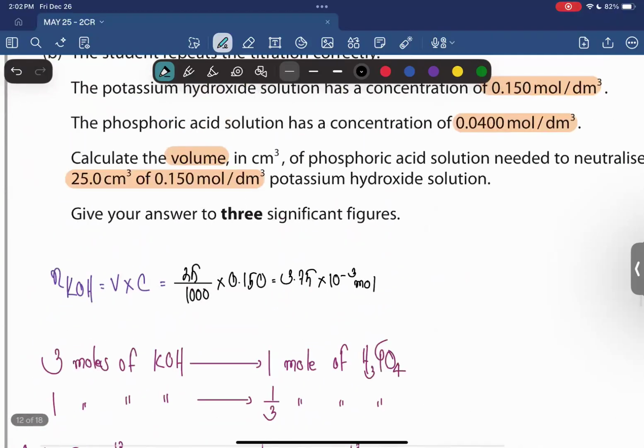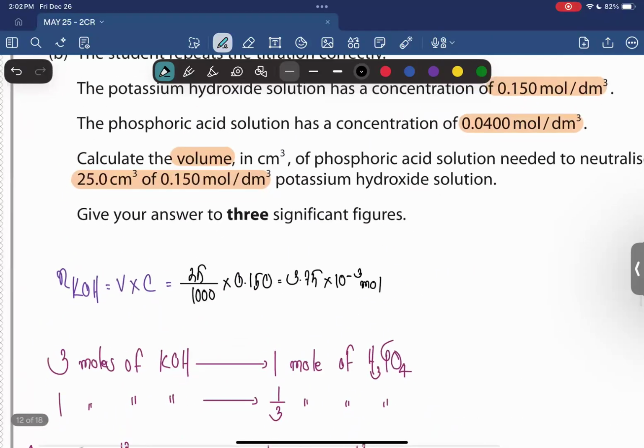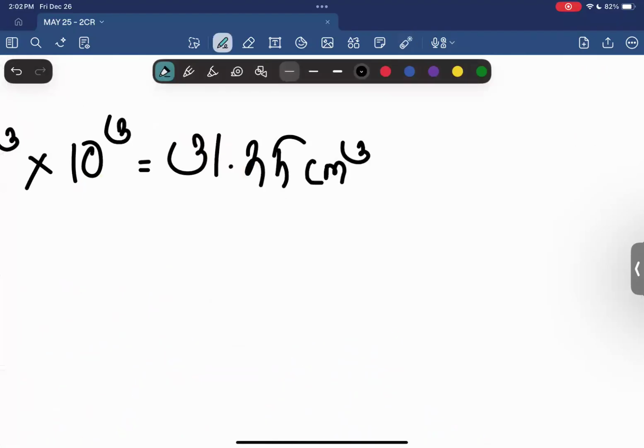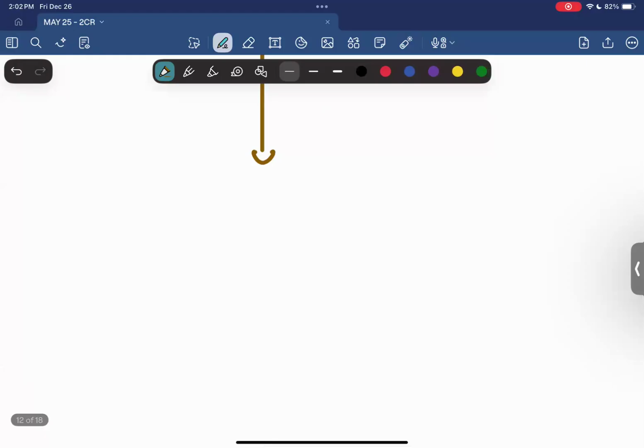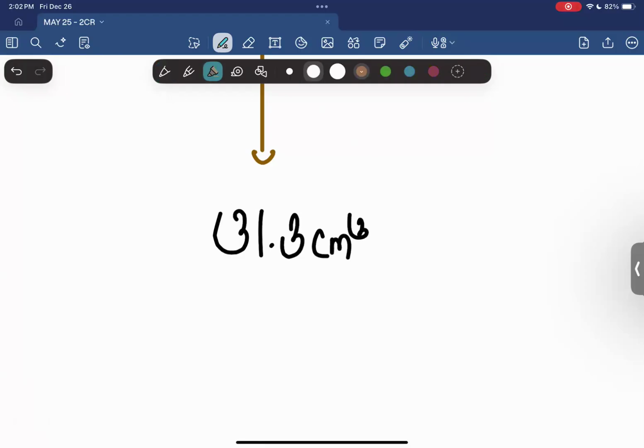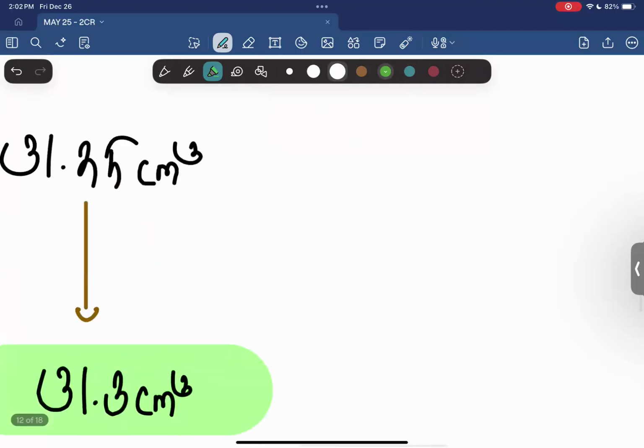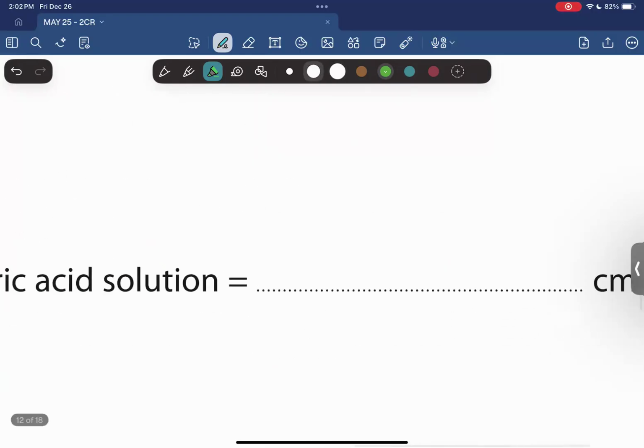So this should be 31.3 centimeter cube, and hence this is basically our answer to this question in three significant figures, obviously. 31.3.